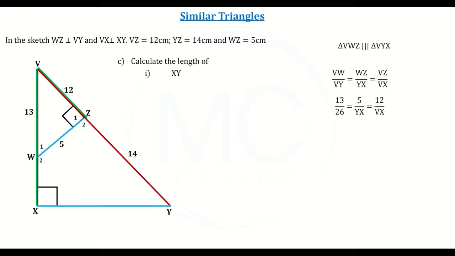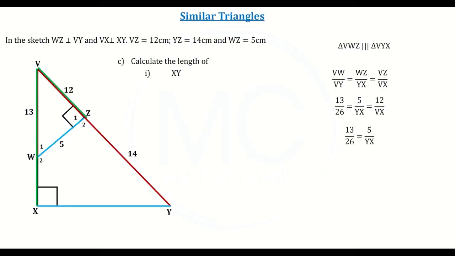Now we need to find the length of XY, which sits in this fraction over here. And to solve this, we also need a fraction with values in both the numerator and the denominator. So we have to use the fraction 13 over 26. So we can say 13 over 26 is equal to 5 over YX.